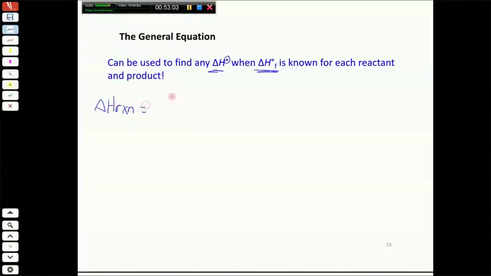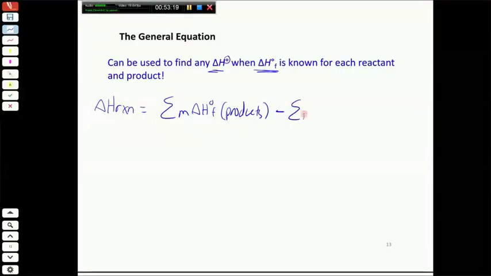So it's going to be the sum of the delta H of formation of each product multiplied by coefficients, and then we subtract the sum of the delta H's of formation multiplied by their coefficients for all the reactants.